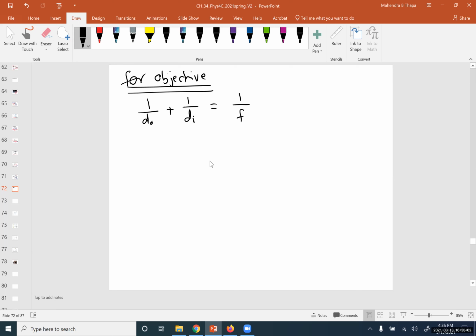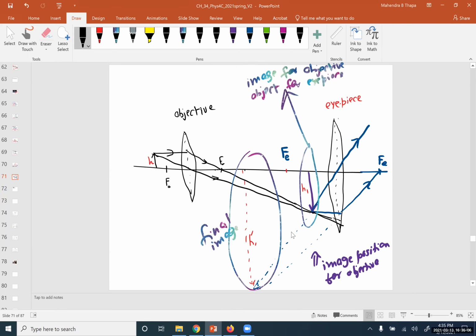Okay. So in this picture, I would write, say, this distance will be d naught, the object distance, and the image is formed here. So this distance will be di.